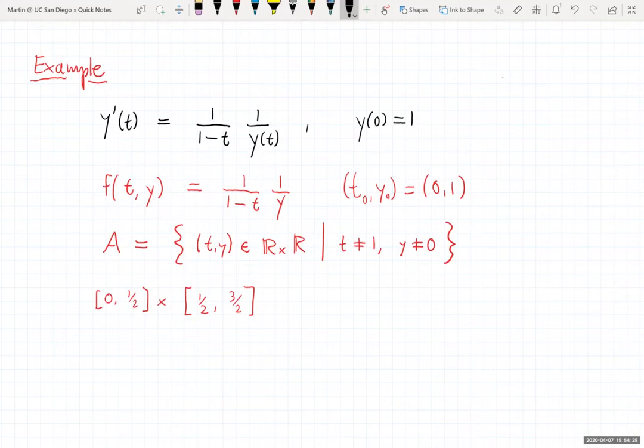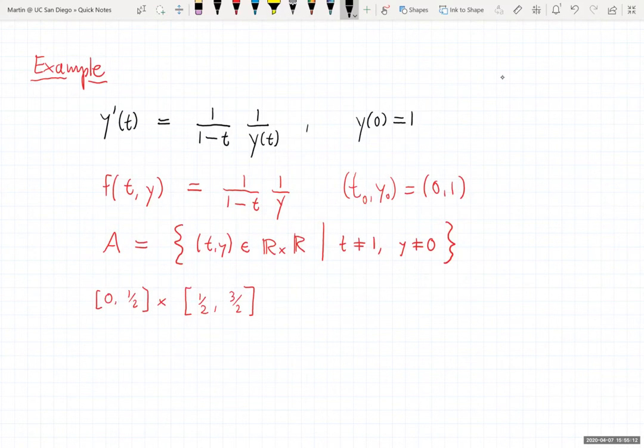So we would like to have the set A of admissible inputs for this function f. And we can choose a set A as follows. Namely, it's all t and y for which t is not 1 and y is not 0. We only need to exclude the cases that t is equal to 1 or that y is equal to 0. And if we have excluded these two cases, then the function f is defined.